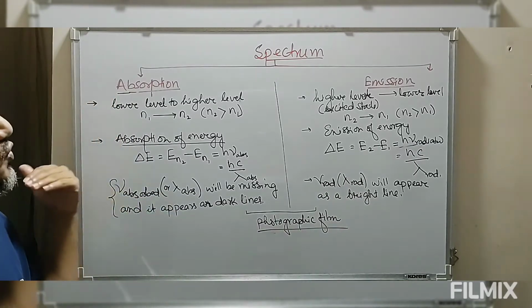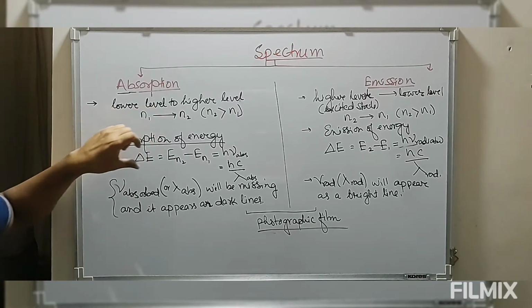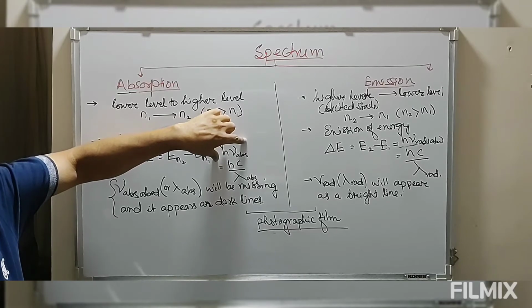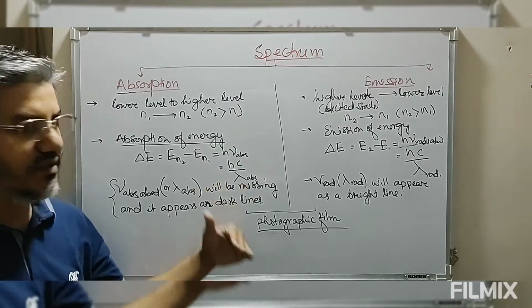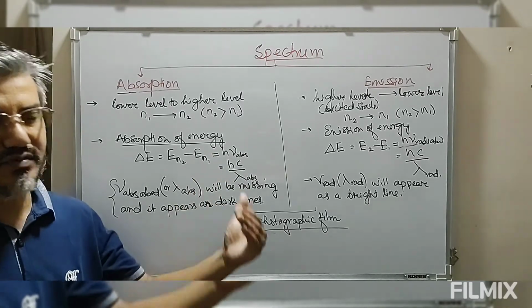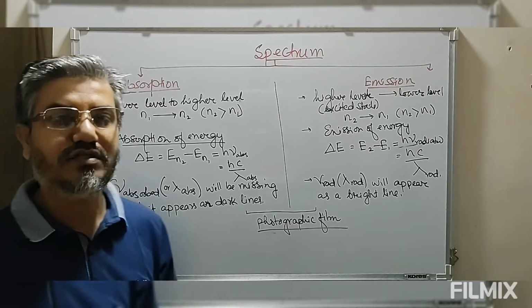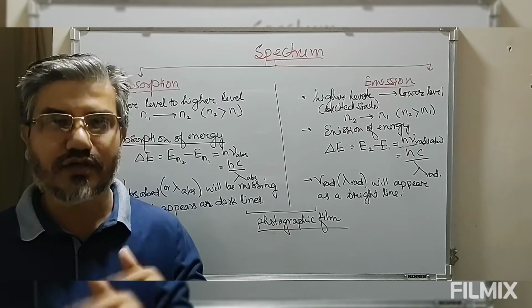So these are the two types of spectrum, and this spectrum, look at this, is basically based on this absorption or emission of light in the form of electromagnetic radiation. So in atomic spectra, which we are going to take up based on Bohr's theory, that is, this explanation of the hydrogen spectrum, because we are dealing with the hydrogen spectrum, which is the hydrogen atom, the simplest atom containing only one electron.